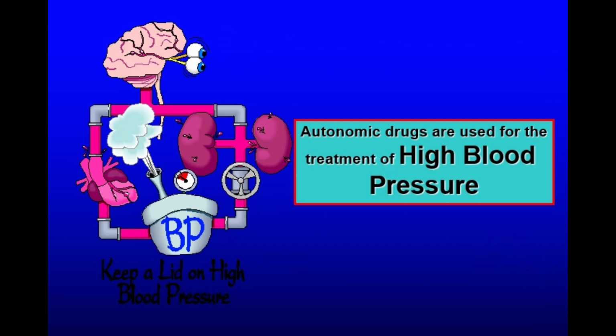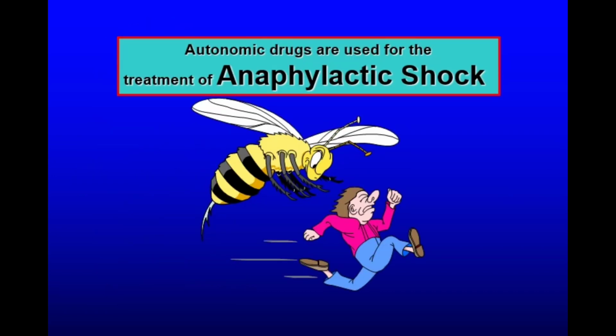Therefore, autonomic pharmacology is considered an introduction to the pharmacology of the cardiovascular system. You will become familiar with vital drugs used in the treatment of shock, including anaphylactic shock.